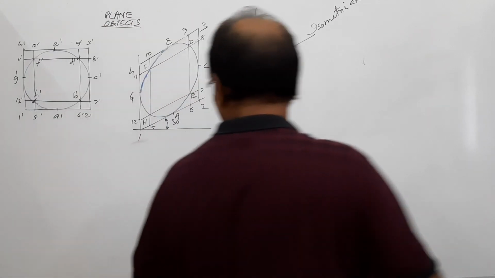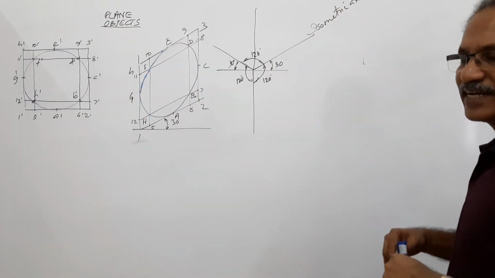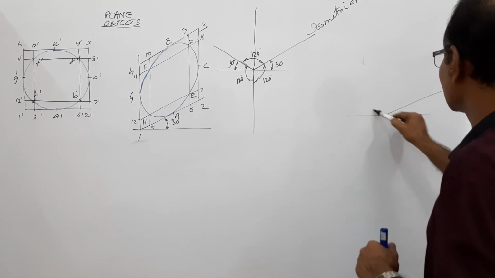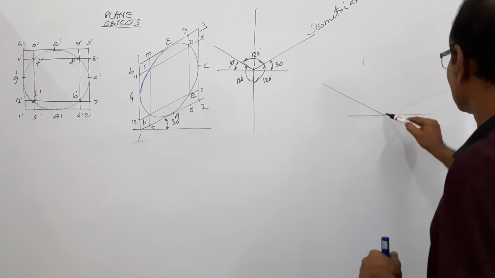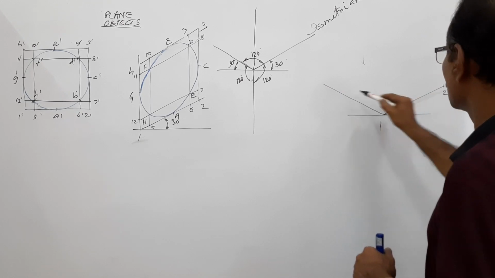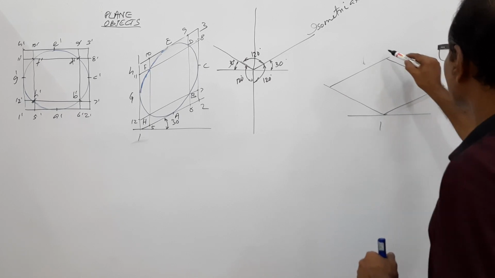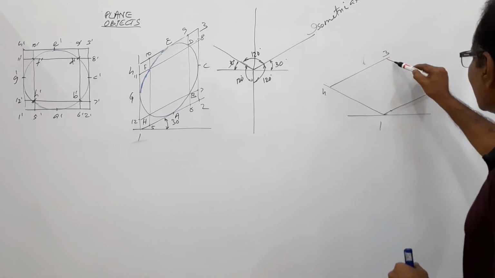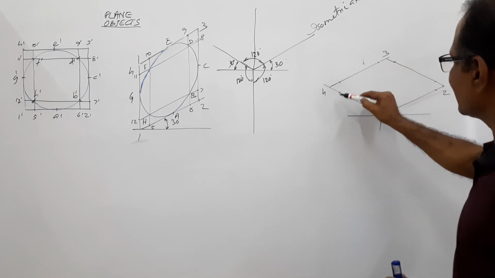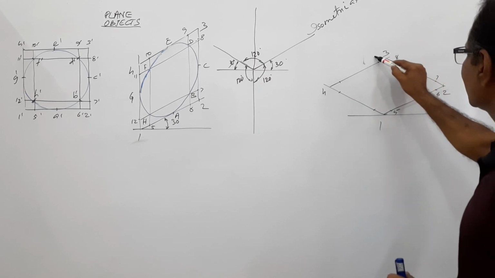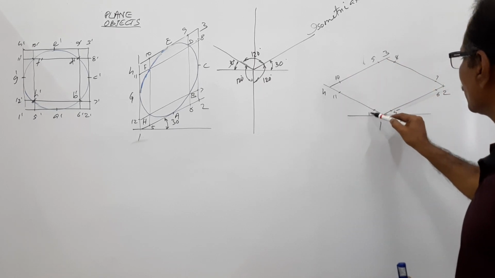Agreed? Similarly, if you see that circle in the plan, what you have to do? You have to draw these two 30-30 axes. 1, 2, 3, 4, 5, 6, 7, 8, 9, 10, 11, 12.